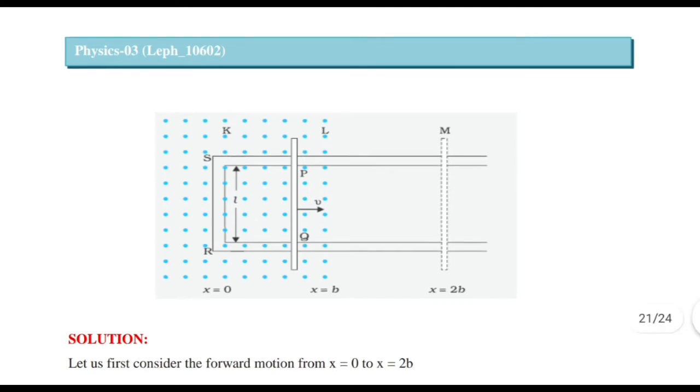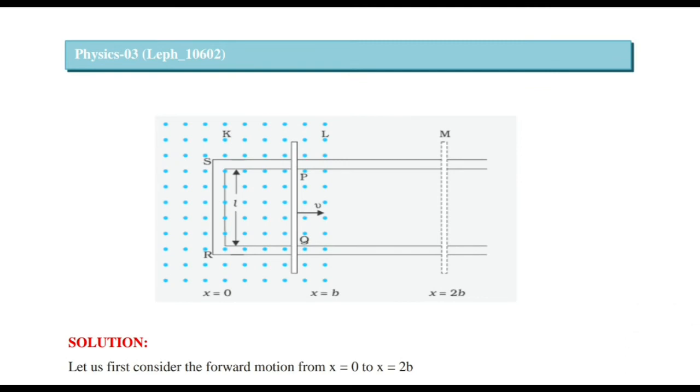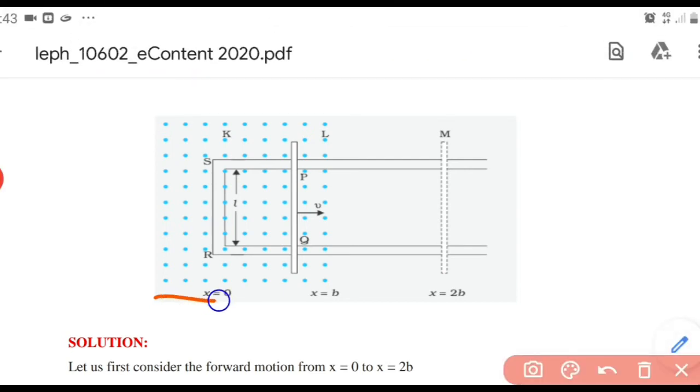In this case the magnetic field exists in the region of space from x equal to 0 to x equal to b. Only in this region of space the magnetic field is existing, and in the other space the magnetic field is absent. So from x equal to 0 to x equal to b there is magnetic field. From x equal to b to x equal to 2b there is no magnetic field.